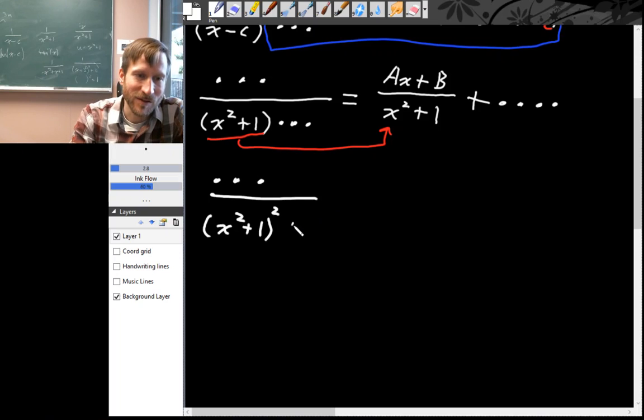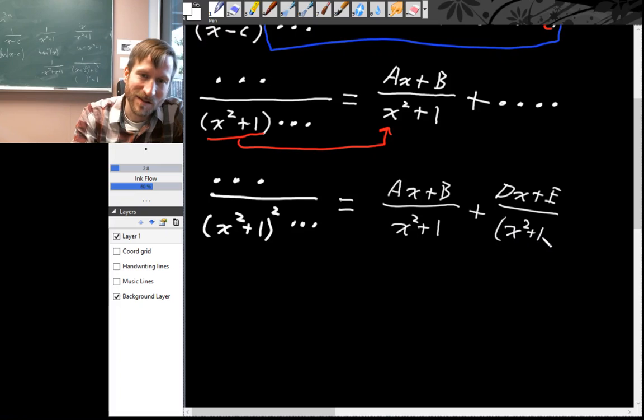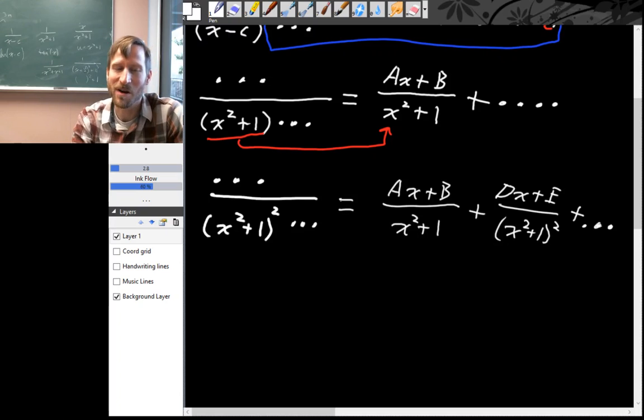And of course you might have other factors in your denominator. In this situation, you end up with Ax plus B over x squared plus 1 again, and Dx plus E over x squared plus 1 squared. And then, of course, plus any terms coming from the other factors in your denominator.